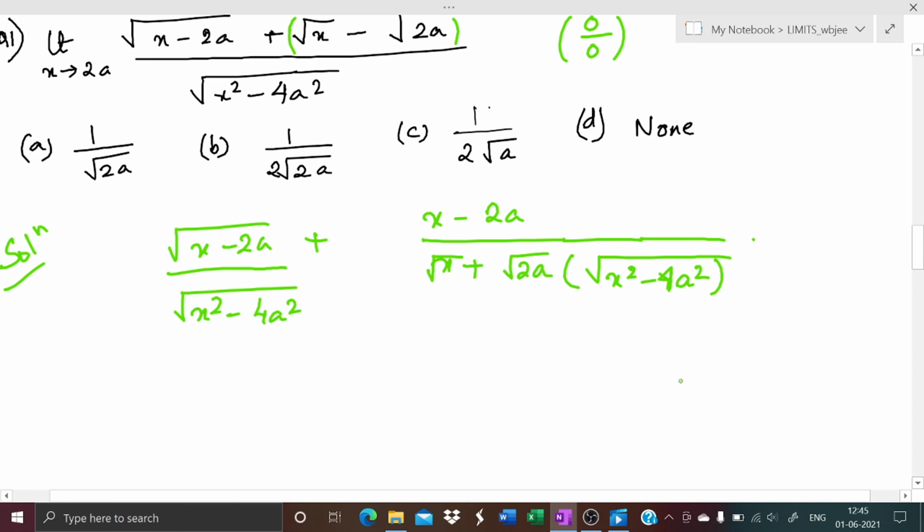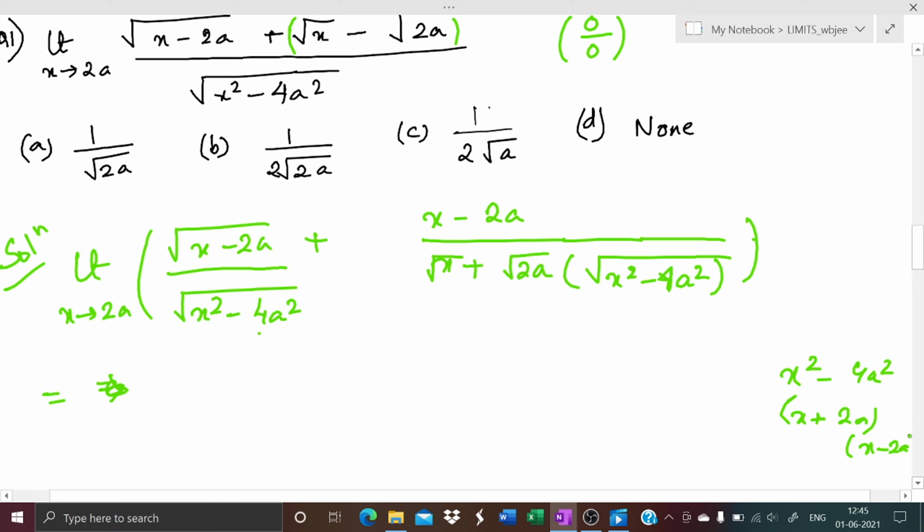I'm just operating on this equation right now. Suppose this thing, x square minus 4a square, what is this? x plus 2a into x minus 2a, isn't it?